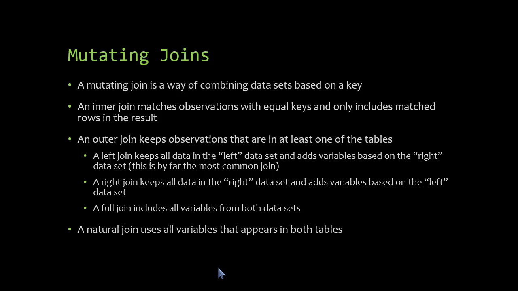Rather, if we're doing a natural join, we just ask for a natural join, and it can be any of these types: inner, left, right, or full. But we ask for a natural join without specifying matching variables or keys, and what it uses as our keys is any variable that appears in both tables.